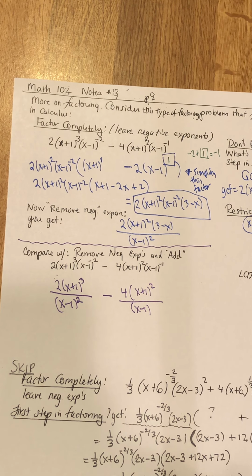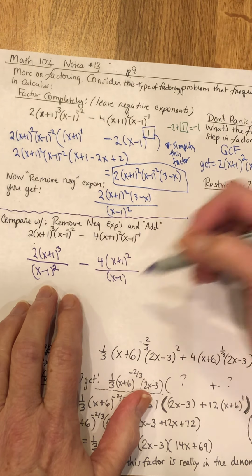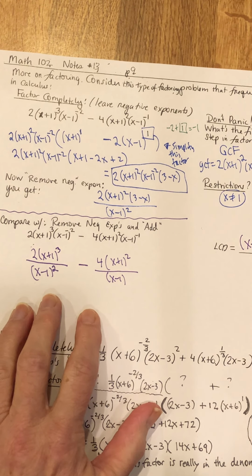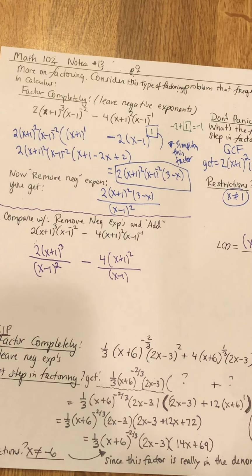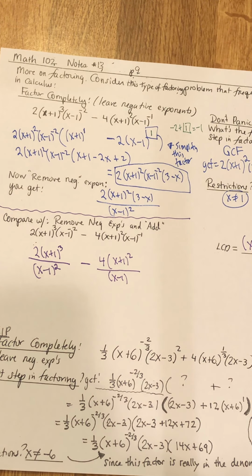Then you'd have to get a common denominator. Well, what would the LCD be? The only factors that you see in the denominators are x minus 1s, and you have to build up denominators, so you use the larger exponent. That would be the LCD.